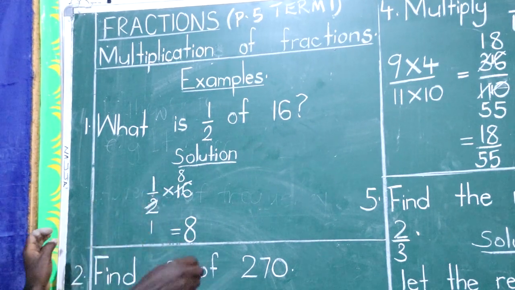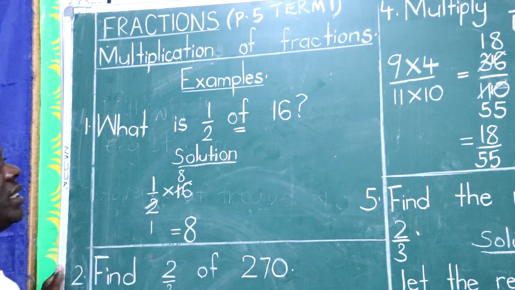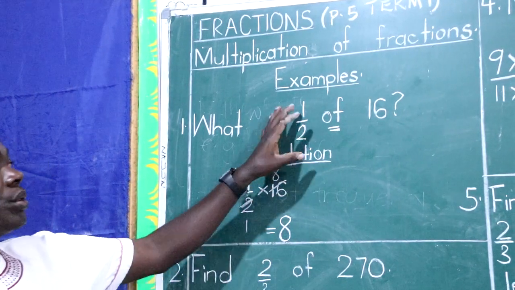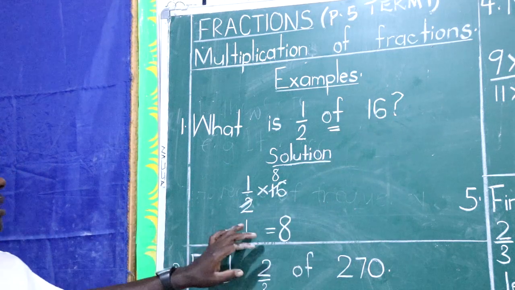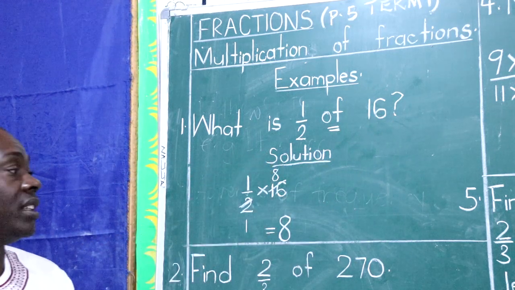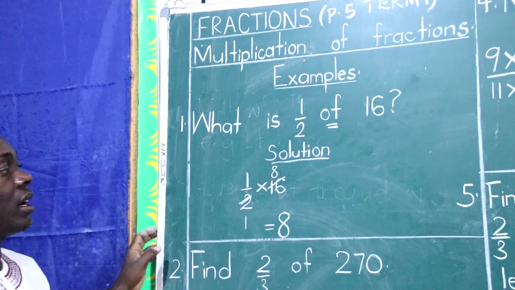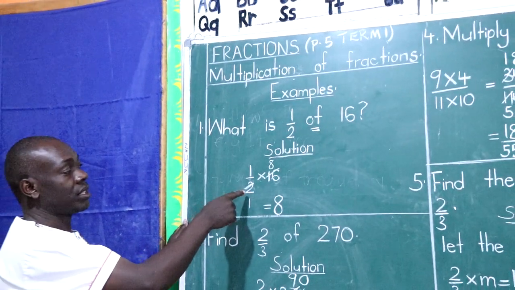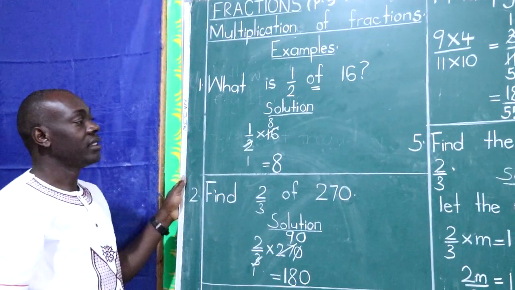When you see this word of, it is interpreted like multiplication. So a half of 16 is the same as a half times 16. That's why in our working, we wrote a half times 16.